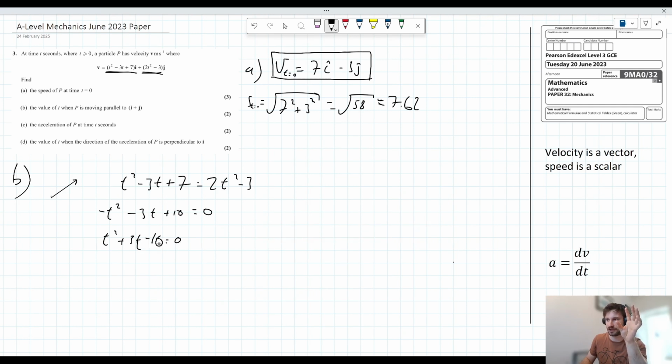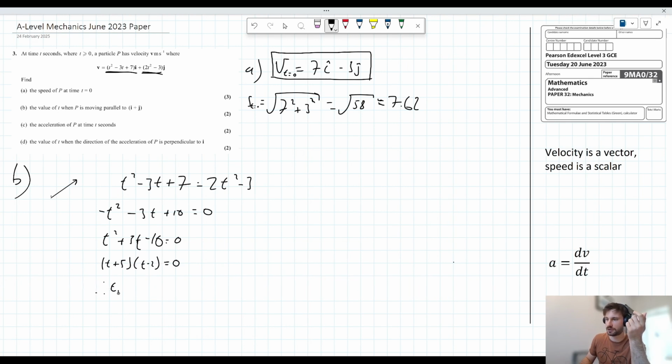We're looking for two numbers that multiply to give minus 10 and add together to give plus 3. You can get 5 and minus 2, can't you? So we have t plus 5 multiplied by t minus 2 is equal to 0.